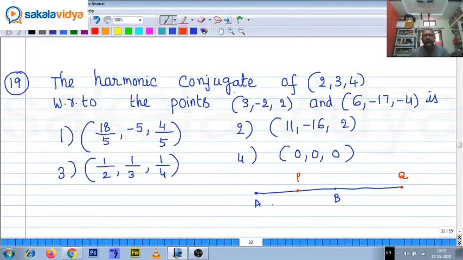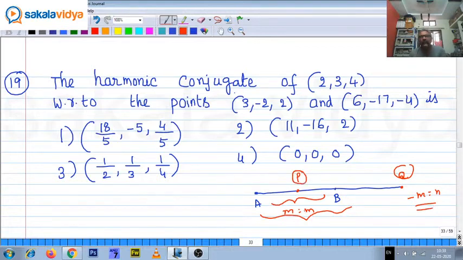Here P divides AB in the ratio m:n. Here Q divides AB in the ratio -m:n. One point divides internally, the other externally. If P divides internally, Q divides externally; suppose Q divides internally, P divides externally with the same ratio. That is called conjugate points. First, let us solve it now.